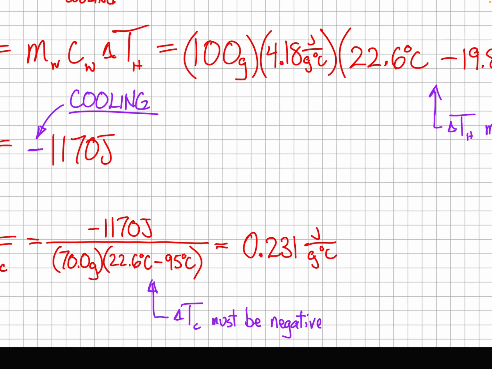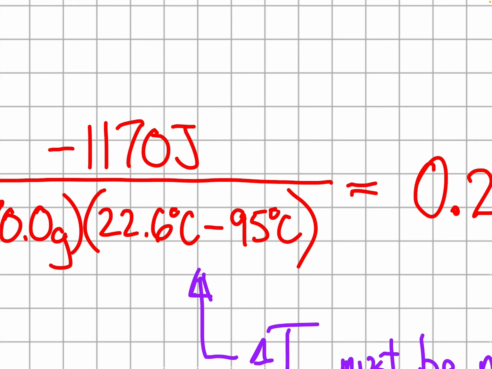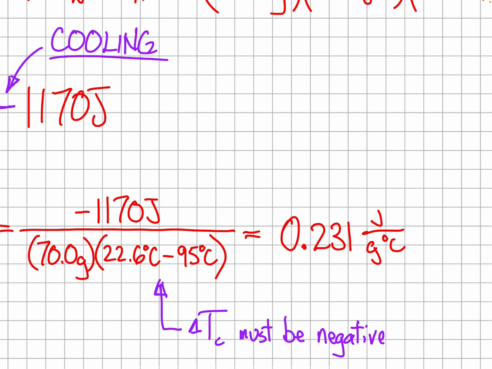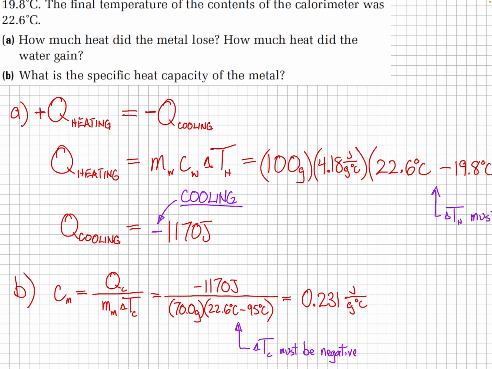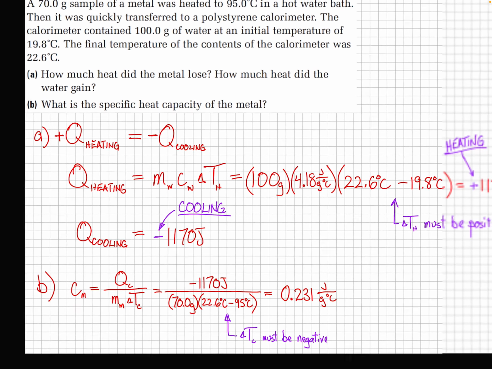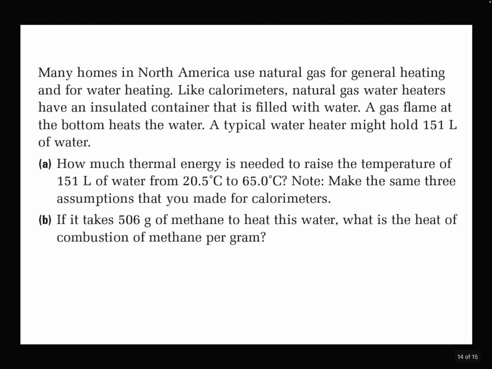So our cooling system is illustrated here with our negative change in temperature. We then plug in our values and finish our final calculation there. That is it.